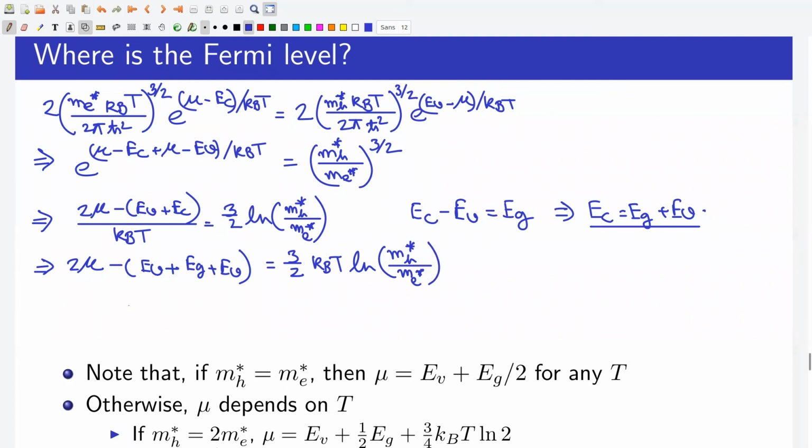And finally, we have μ is equal to Ev plus half Eg plus 3/4 kBT log of mh* by me*.